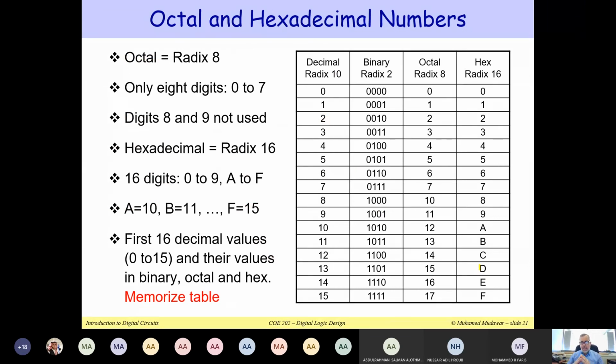This table shows the binary, octal, hexadecimal, as well as decimal. These are the most popular number systems. I'm showing the decimal values starting from 0 all the way to 9, which are single digits in decimal. Then I'm going to 10, 11, up to 15.